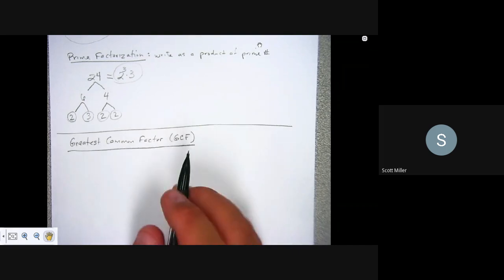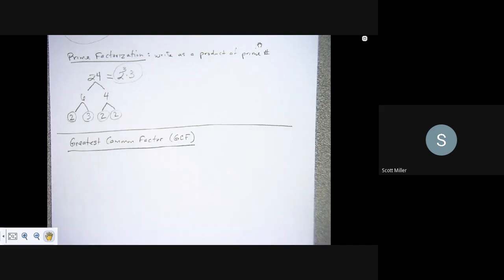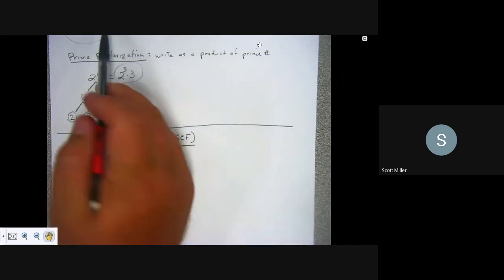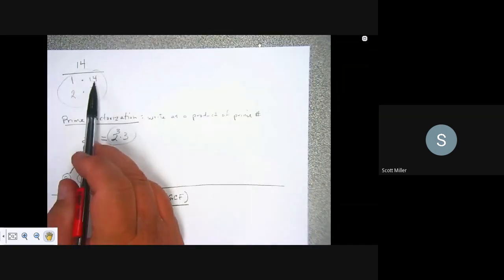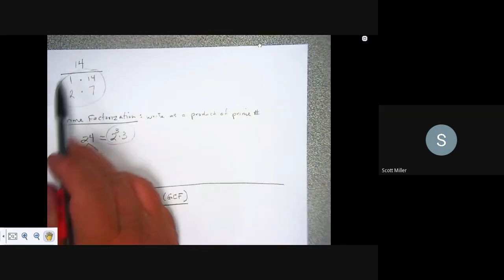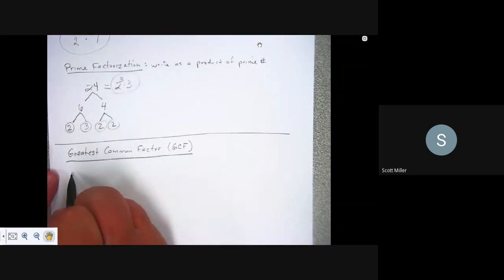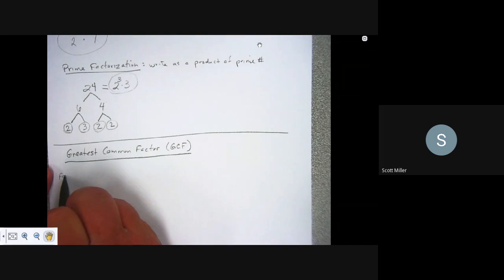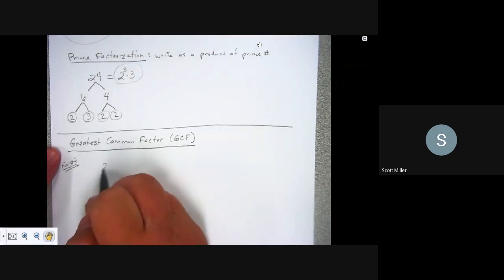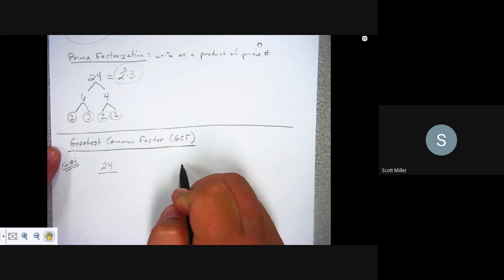The greatest common factor is a technique. You can do it with the single numbers, and that means we're just looking for the biggest number. Like in this scenario up here, we find this is all the factors of 14, and actually we'll just do an example, and I'll show you what I mean. For numbers, let's do 24, and then we would do 16.